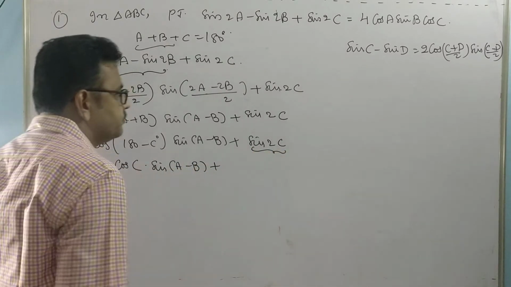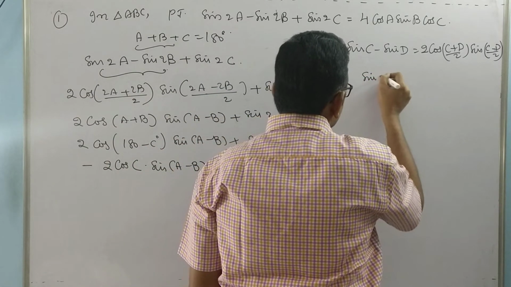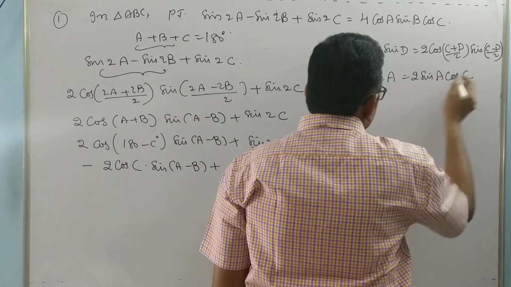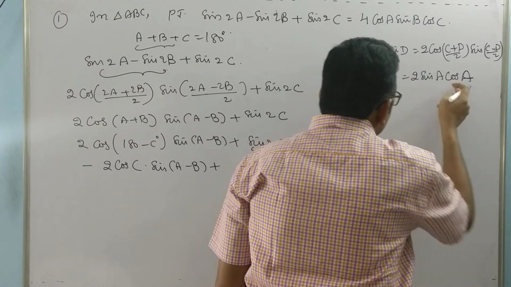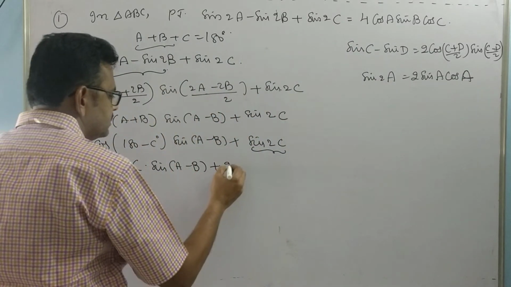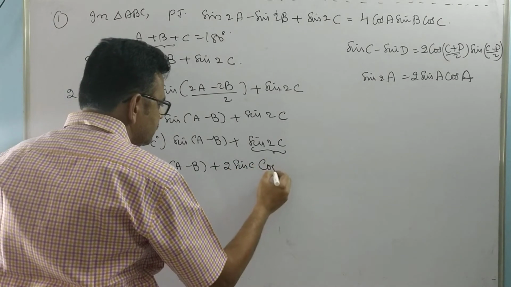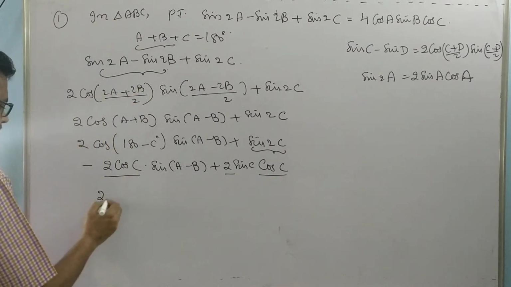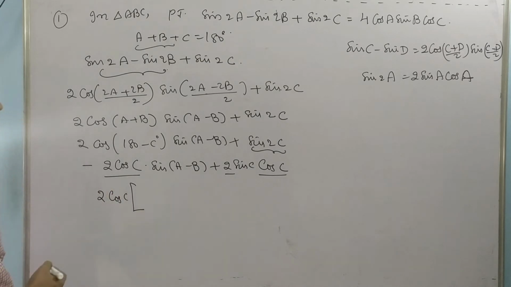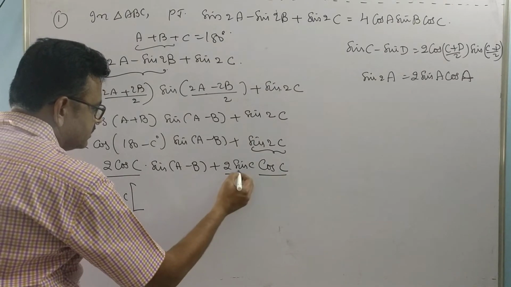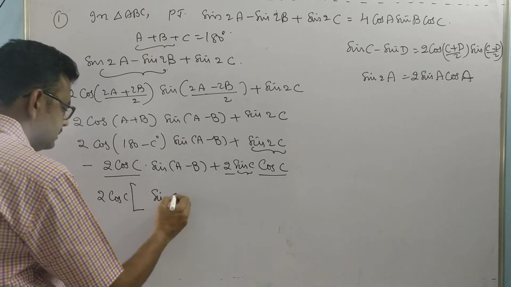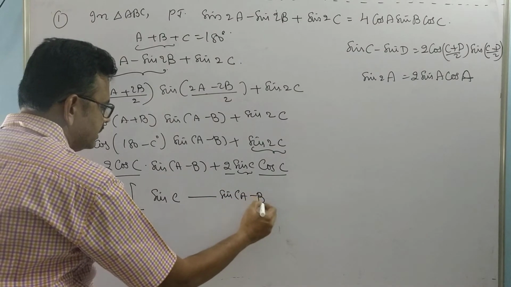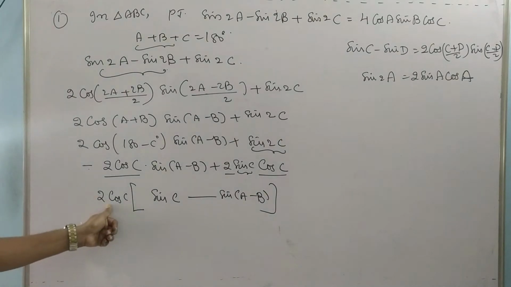What is the formula of sin 2A? Sin 2A is 2 sin A cos A. What is sin 2C? 2 sin C cos C. So this is 2 sin C into cos C. Now this is 2 cos C, so 2 cos C is taken common.